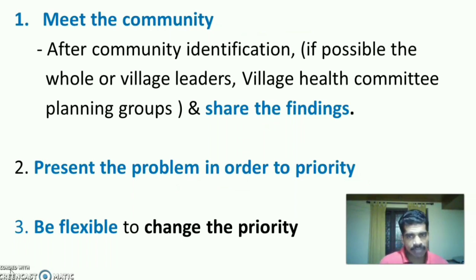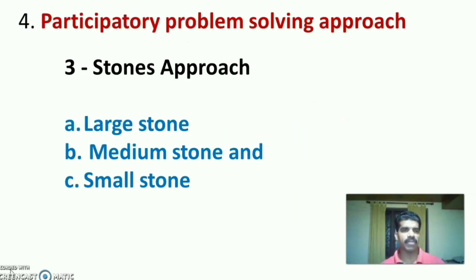After the community identification, if possible the whole village people or the selected village leaders, village health committees and planning groups has to be met in a common place and share the findings and present the problems in order to the priority to the group or during the meeting. And the third step is be flexible to change the priority according to the perception of the community people.